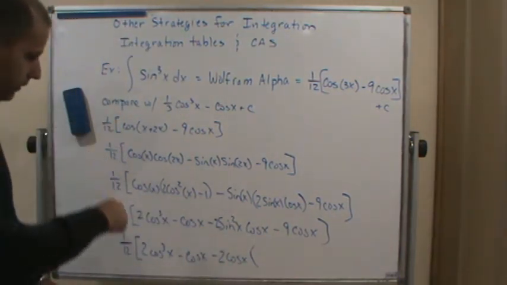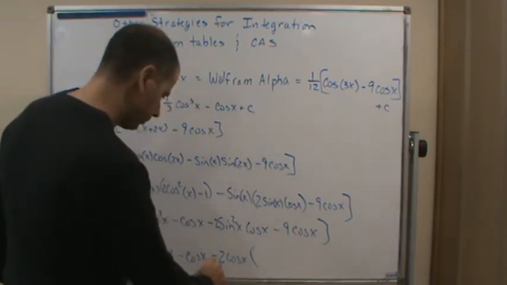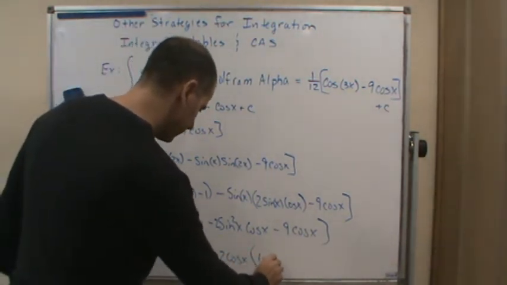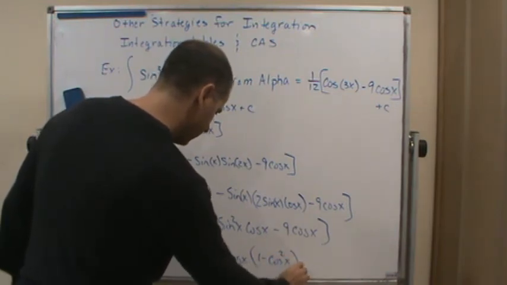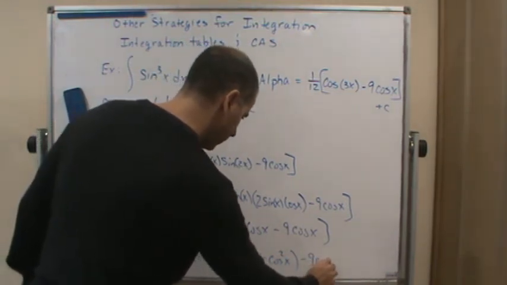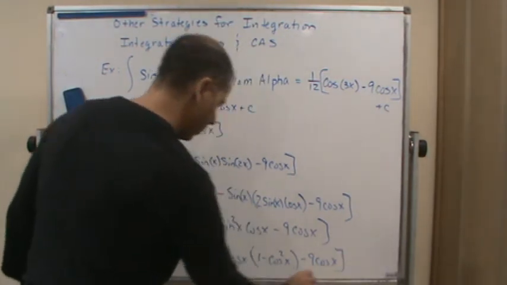So this will be 1 minus cosine squared x, minus 9 cosine x.